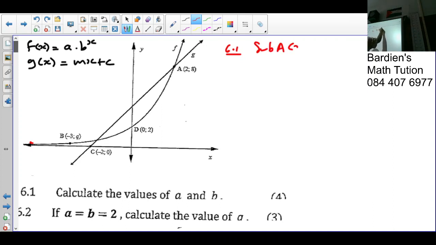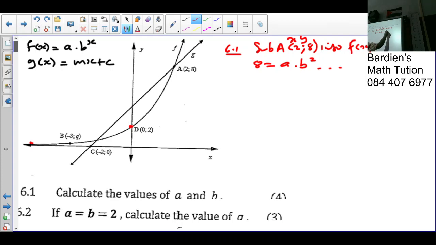So what we do is, we substitute a, which is 2 and 8, into f of x. Remember that's an x and a y here. So 8 is equal to a times b to the 2. I should have actually gone with d first, okay? So that would have eliminated my b value at this point already.